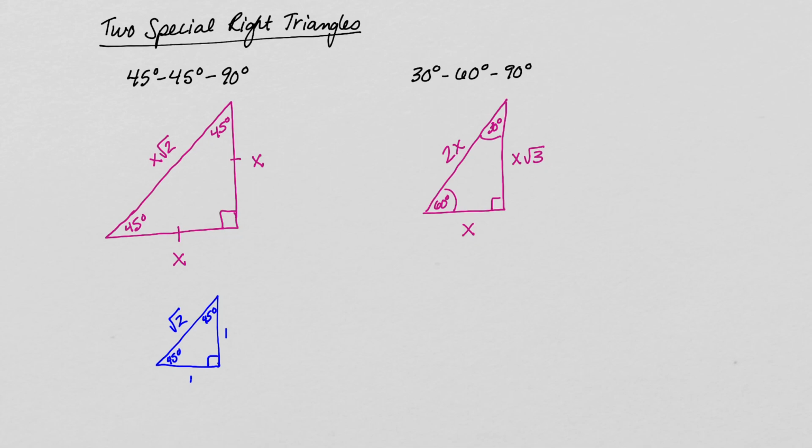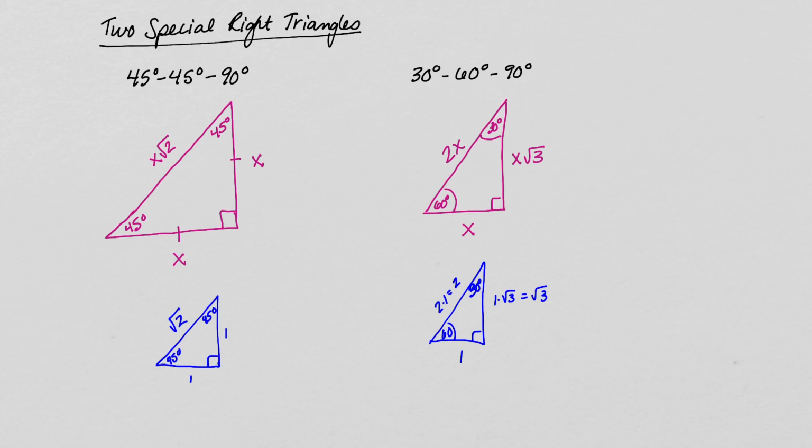And again, we often see it in our class as, so here's 90, 30, 60. We often see it as 1, 2 times 1 which is 2, and 1 times root 3 which is root 3. So we often see it as 1, root 3, and 2. So they're just two special right triangles that are going to show up a fair amount in our course. I just wanted to go over them today so that next class when we use them, we're familiar with them.